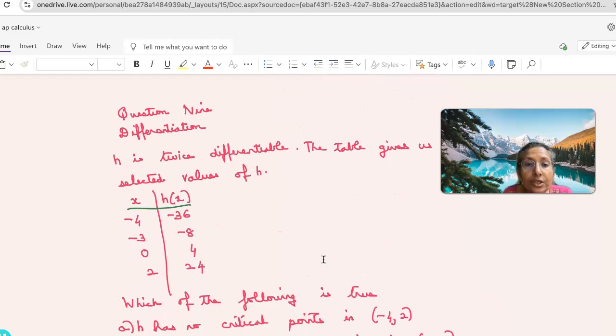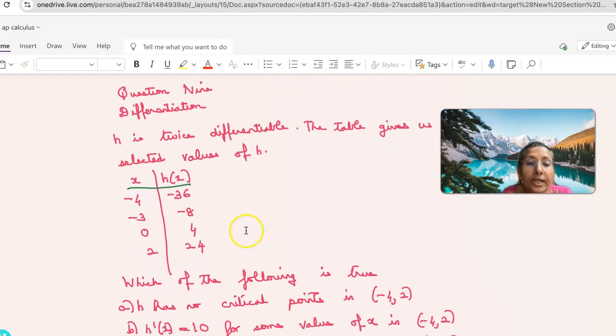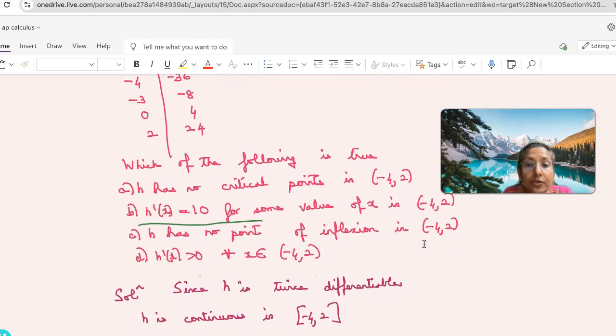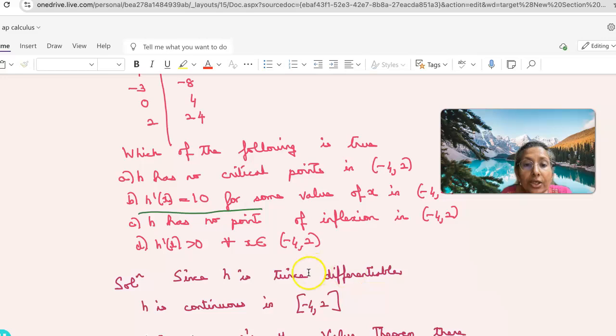Okay, question 9 is on differentiation. h is twice differentiable and the table gives us selected values of h. Which of the following is true? h has no critical point in the open interval (minus 4, 2). Now h is twice differentiable, so h will be continuous in the closed interval minus 4 to 2.